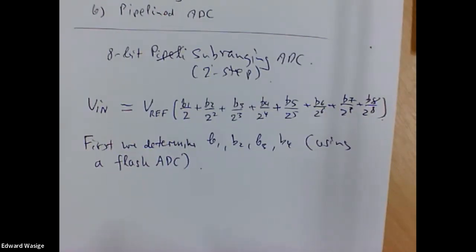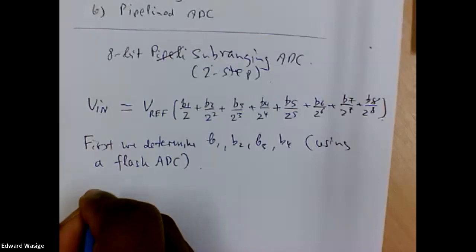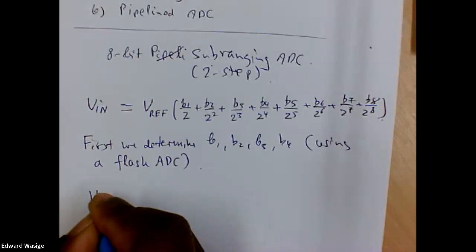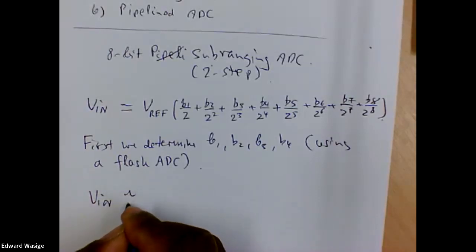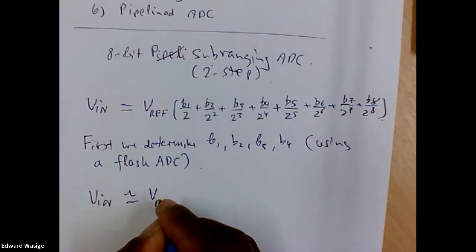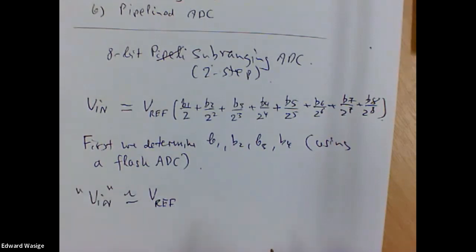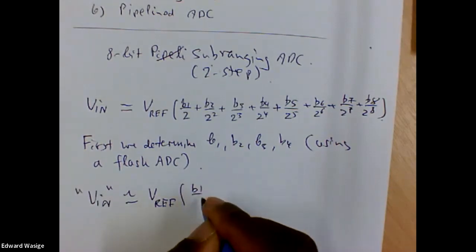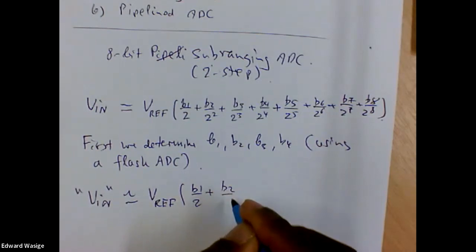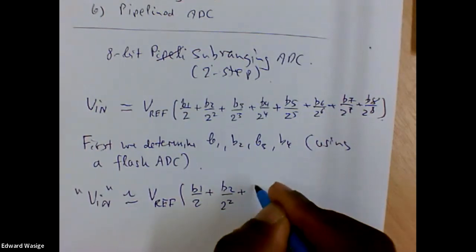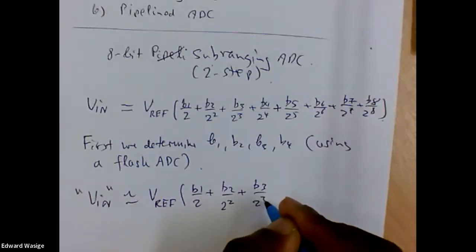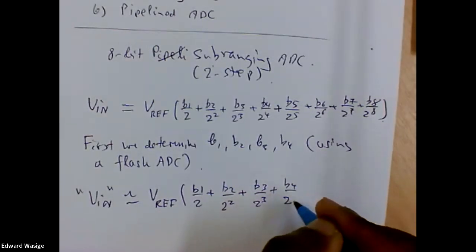And if we did that, our approximate Vin, with the Vref, will be approximated with B1 over 2 plus B2 over 2 squared plus B3 over 2 cubed plus B4 over 2 to the power 4.